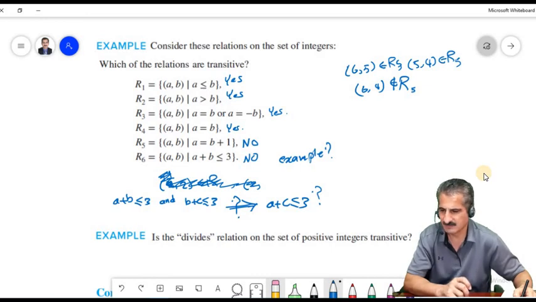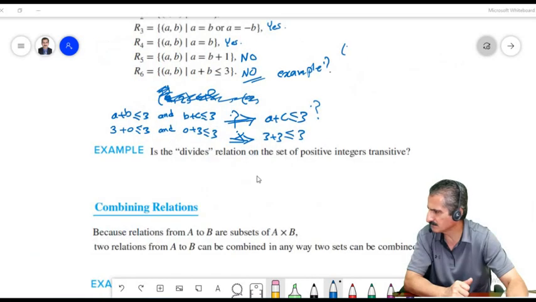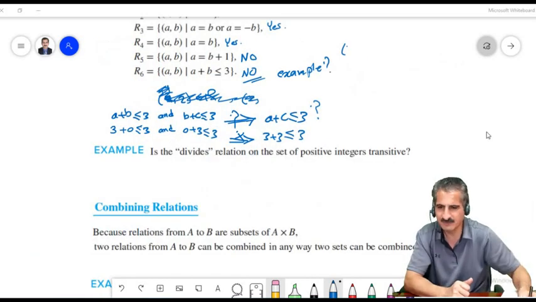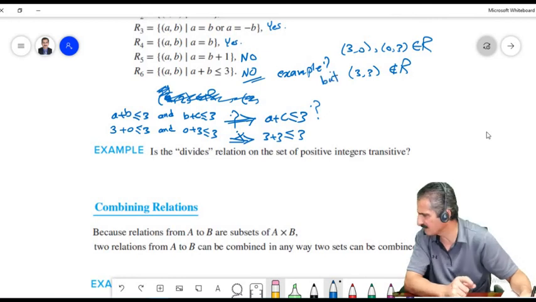Now my mind is going. So it is not transitive because we have 3, 0 and 0, 3 belong to R, but 3, 3 does not belong to R. So somebody gave the same example I got, Sumaya.